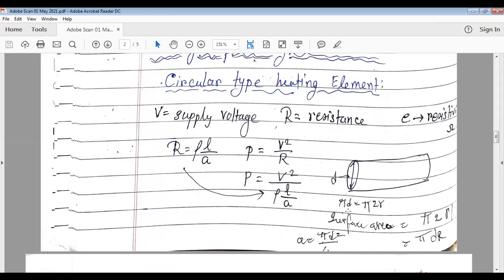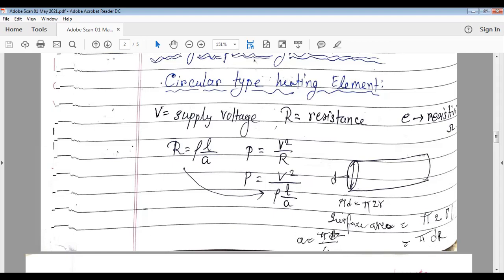The circumference is 2 pi r, and the surface area is 2 pi r L, where L is the length. Since 2r is the diameter D, we can write pi D L. And A, the area, is pi D square by 4.